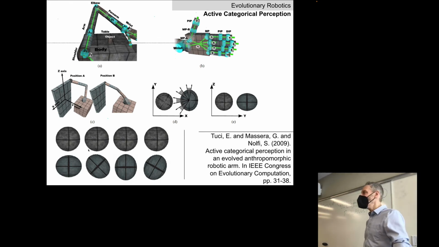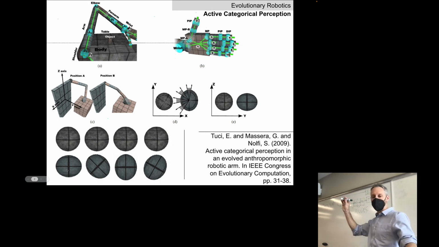I mentioned 8 objects. They might seem like 8 different objects from the robot's point of view. From our point of view, there's obviously only 2 objects, the sphere and the ellipsoid. When we place the ellipsoid under the robot's arm, under its hand, we're going to place that ellipsoid at 4 different orientations and make sure that it can recognize ellipsoids.